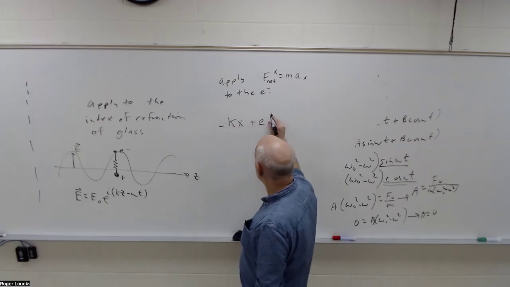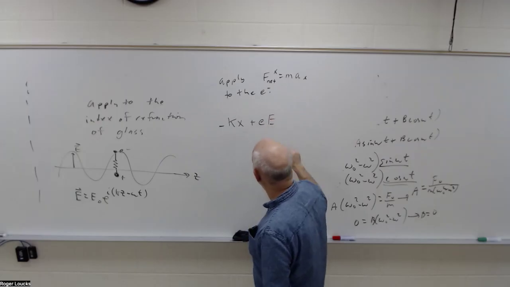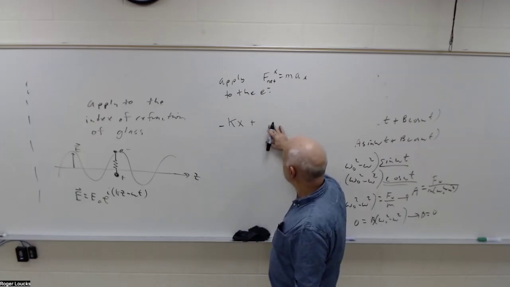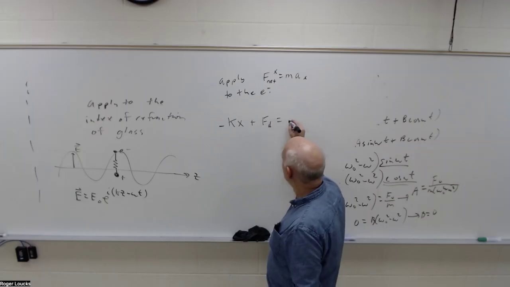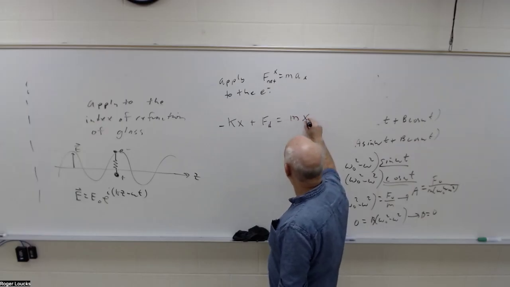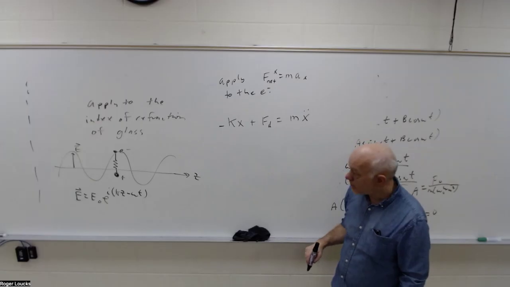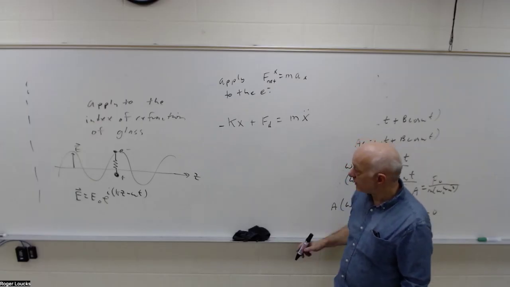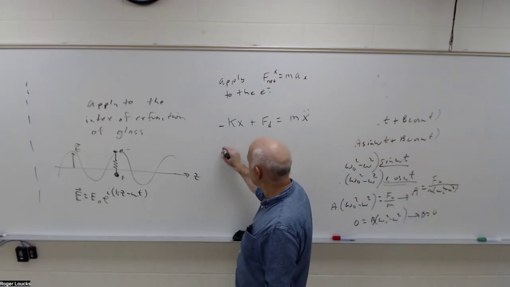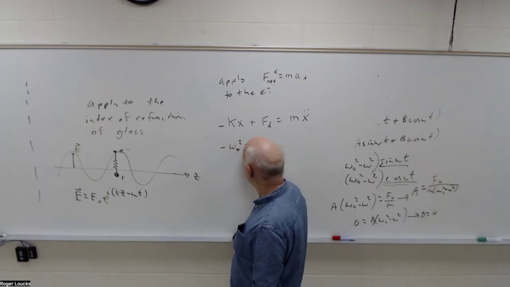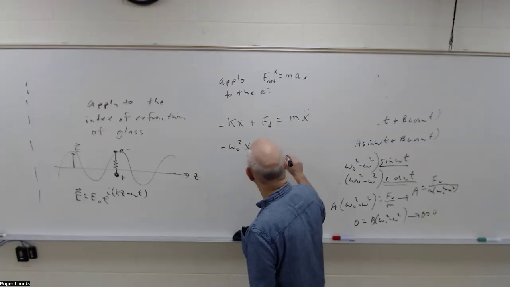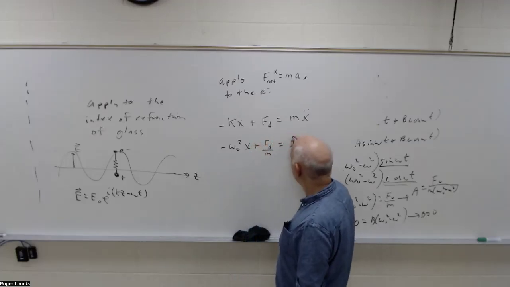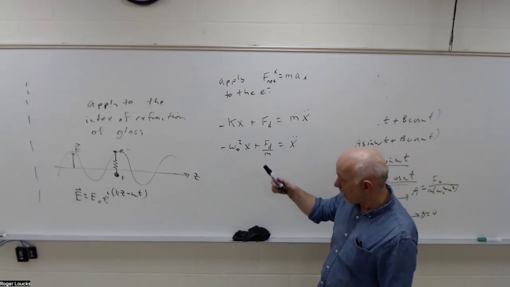Then I'd have my qE here, my driving term, equals m x double dot. And what is this going to be? I'll divide through by the m, and I'm going to put in my term here.